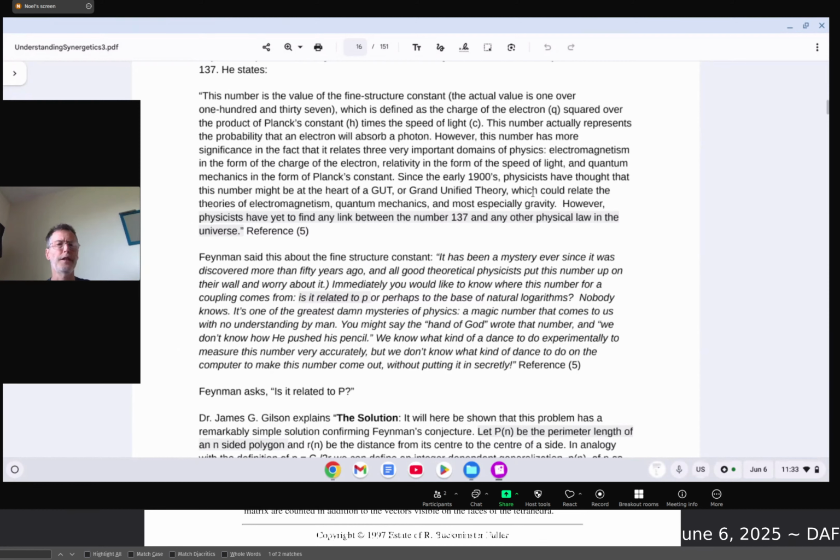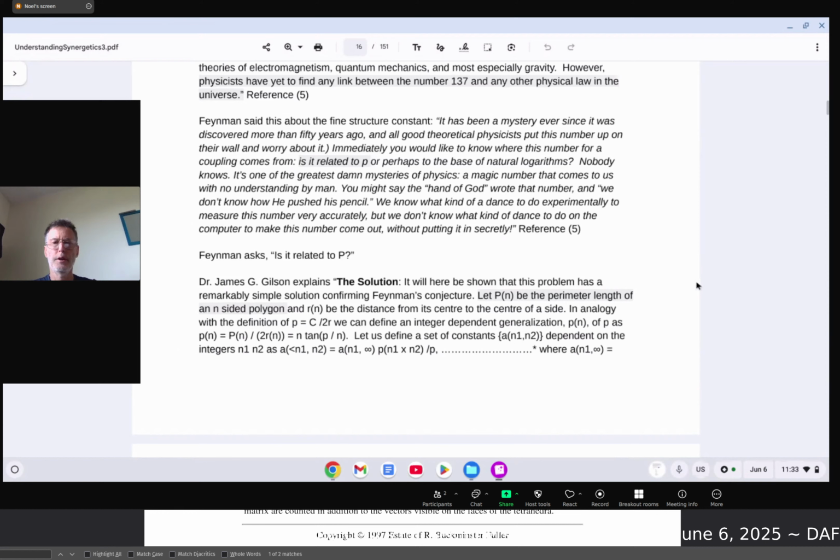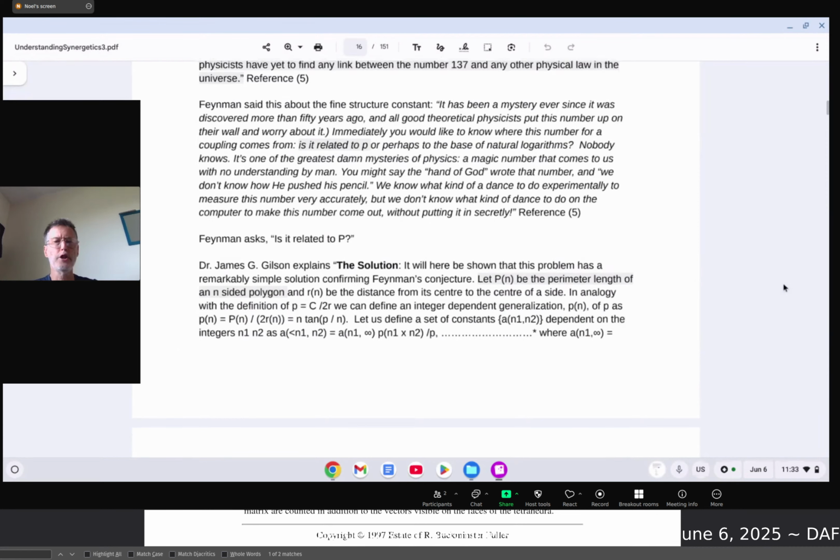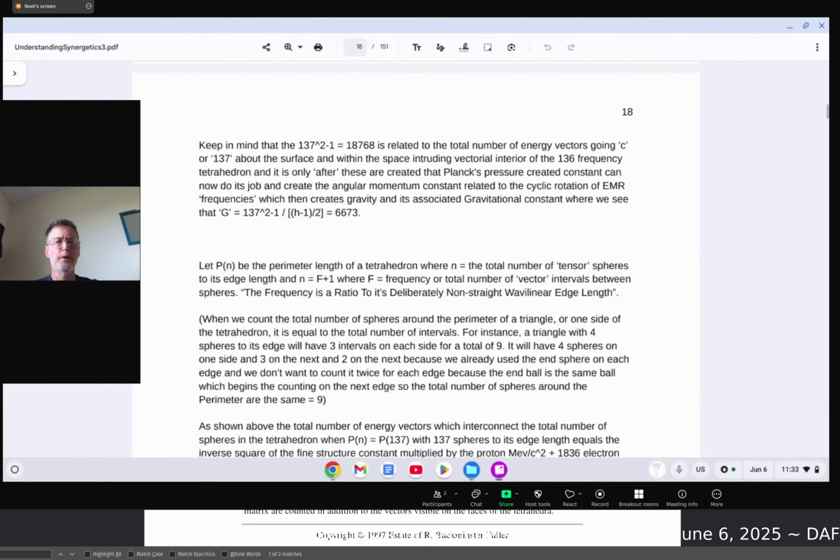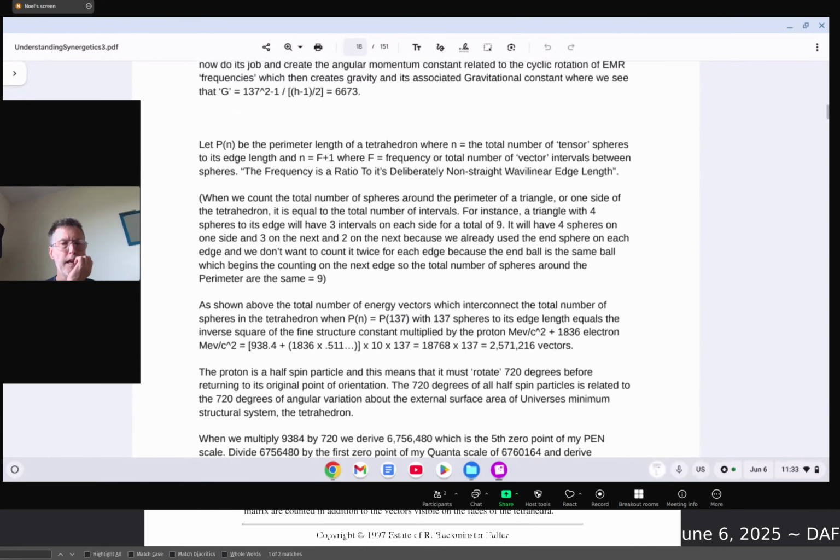A guy named Dr. James Gilson talks about how Feynman asks, is the fine structure constant related to P, the perimeter length of a polygon? And so I show how I just did on the perimeter edge length of the tetrahedron.